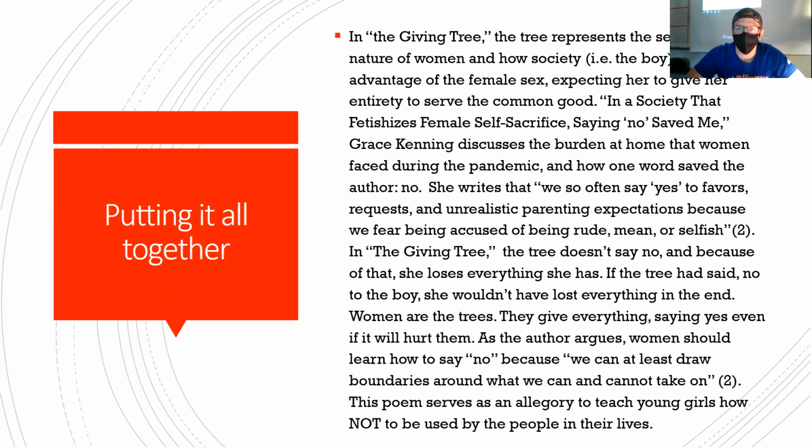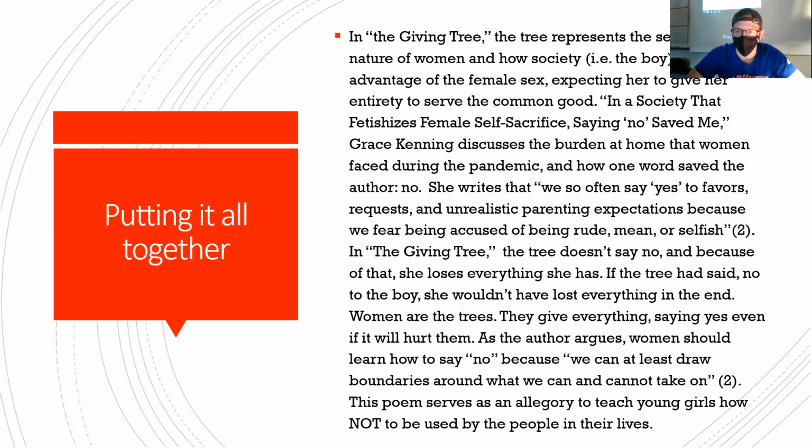In a society that fetishizes female self-sacrifice, in "Saying No, Save Me," Grace Kenning discusses the burden at home that women faced during the pandemic and how one word saved the author: no. She writes that we often say yes to favors, requests, and unrealistic parenting expectations because we fear being accused of being rude, mean, or selfish.